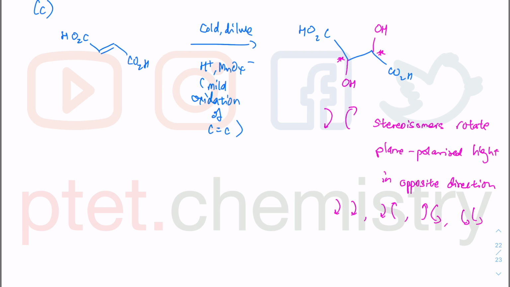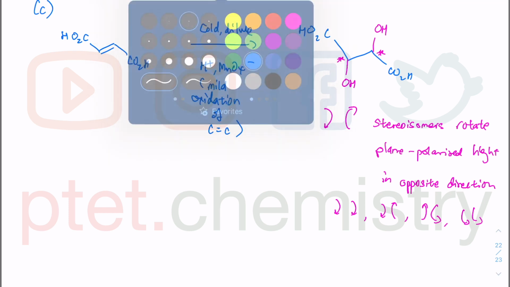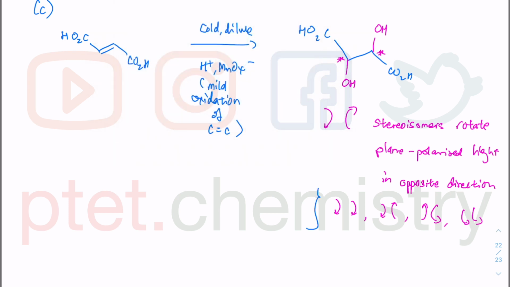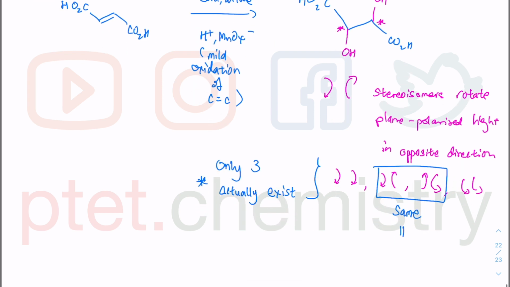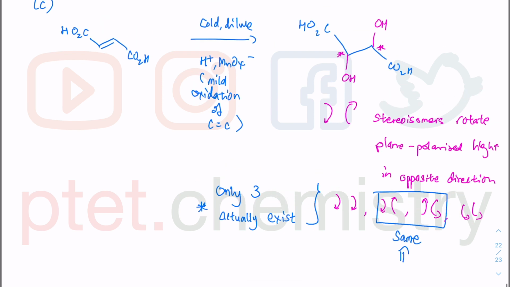So one of them has been shown for you, but they tell you that out of these 4, only 3 are unique. Only 3 actually exist. And how do we know only 3 actually exist? That's because these and these are the same. The reason why they are the same is that this is symmetrical.